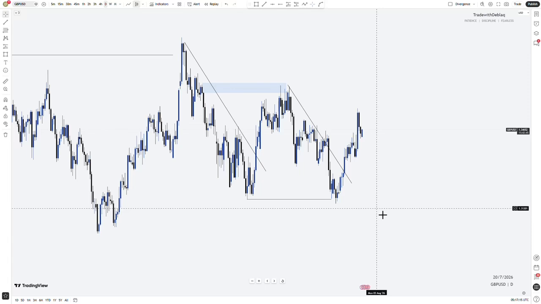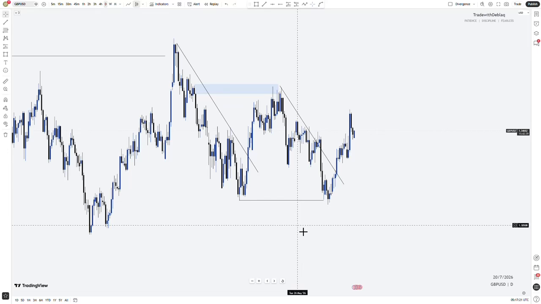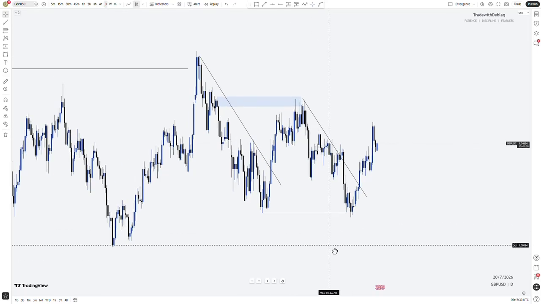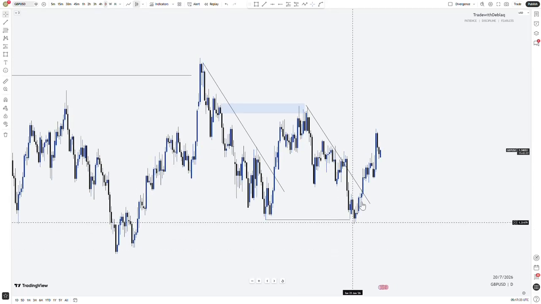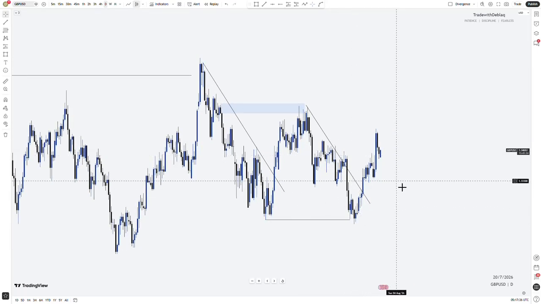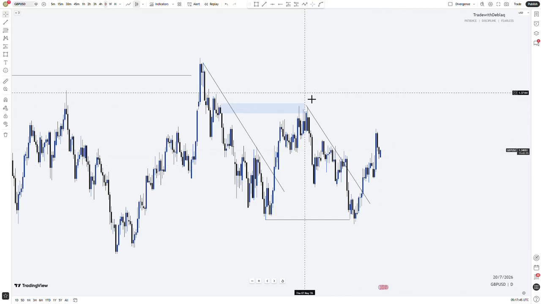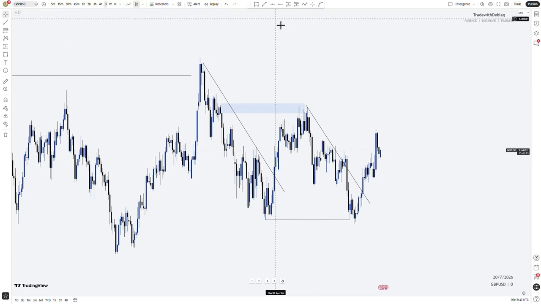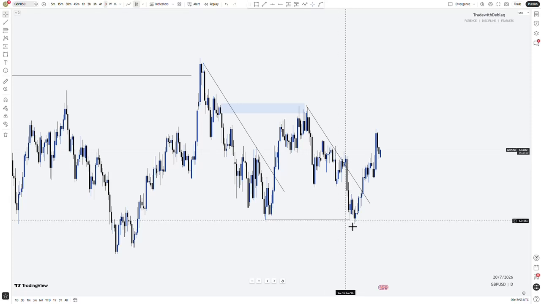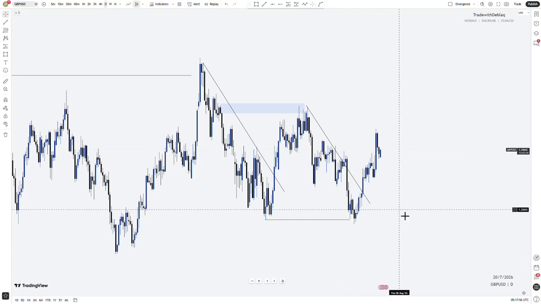This is just a liquidity sweep. So my rule says mark your recent breakout structure and your recent inducement. There's no breakout structure here on the daily. I could not find one. This is just a liquidity sweep.